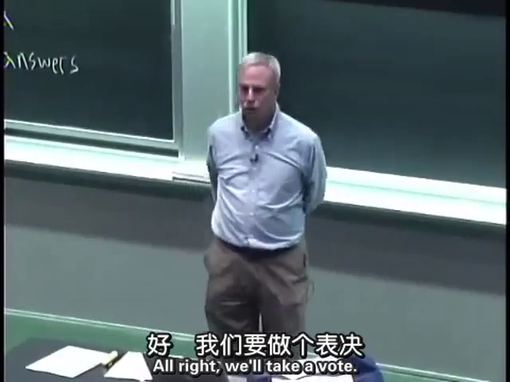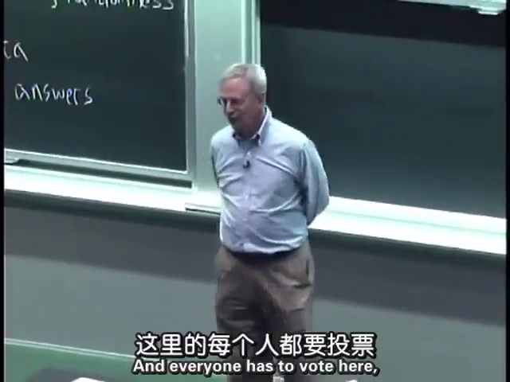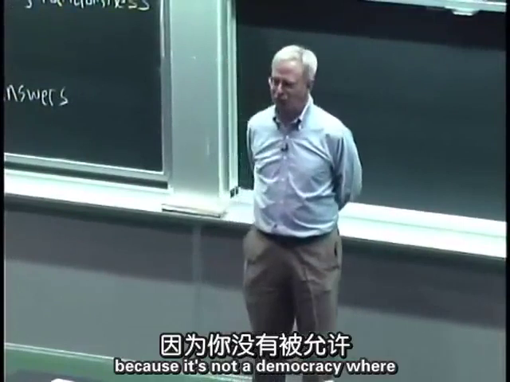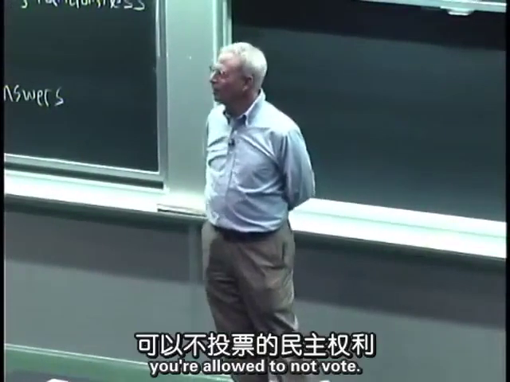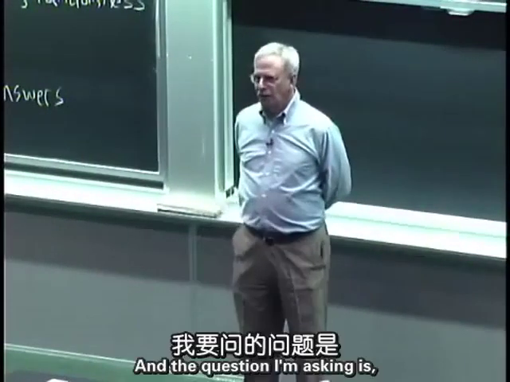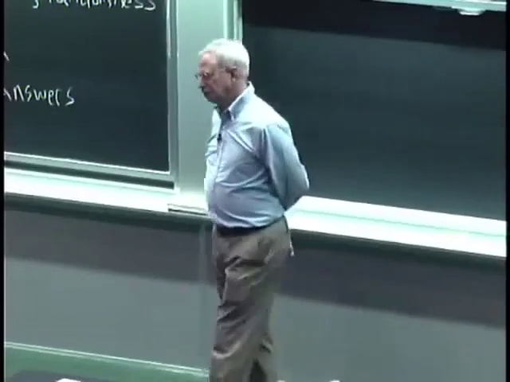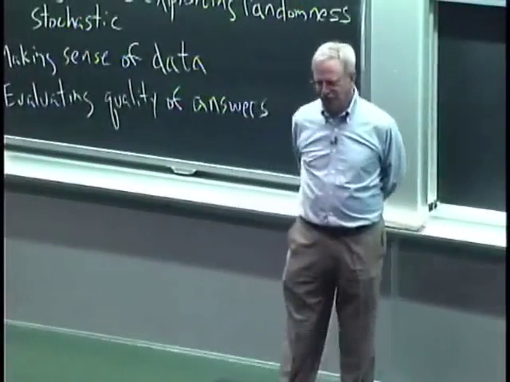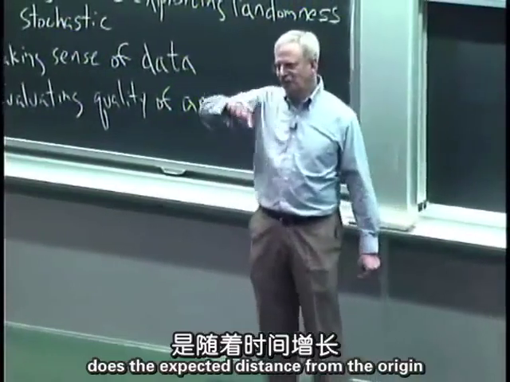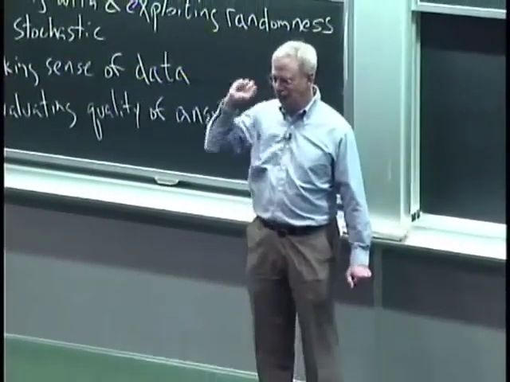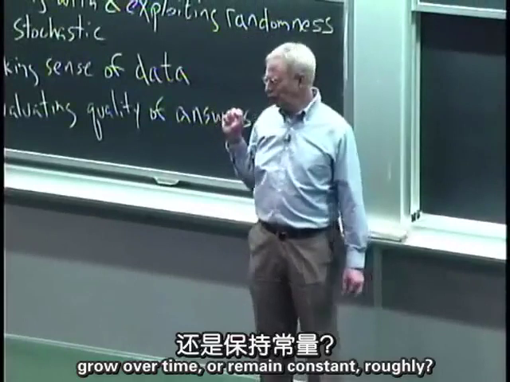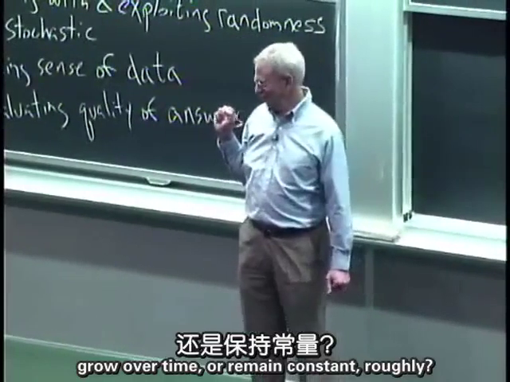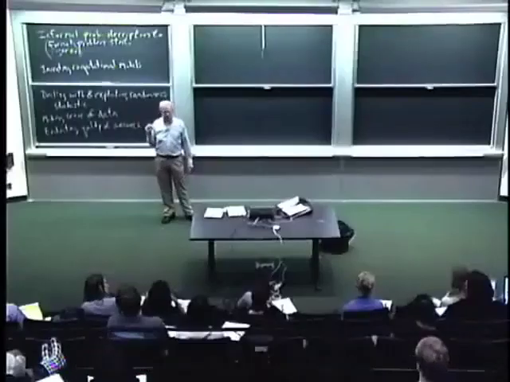All right, we'll take a vote. And everyone has to vote here because it's not a democracy where you're allowed to not vote. And the question I'm asking is, does the expected distance from the origin grow over time or remain constant, roughly?